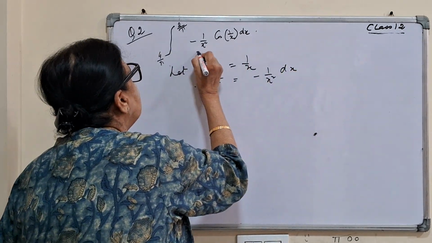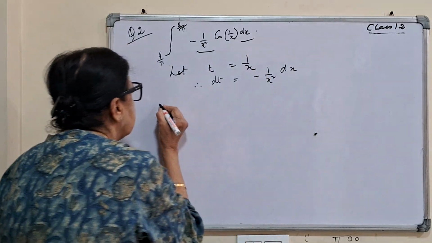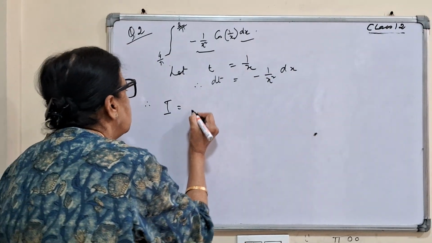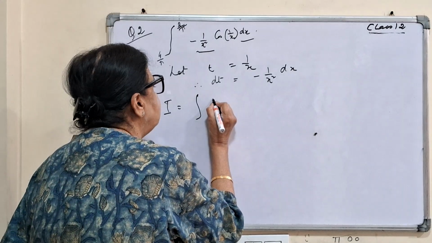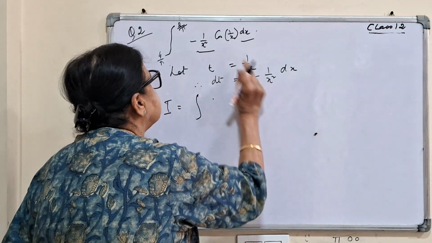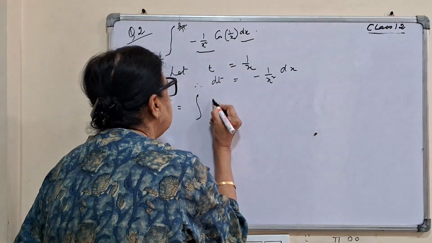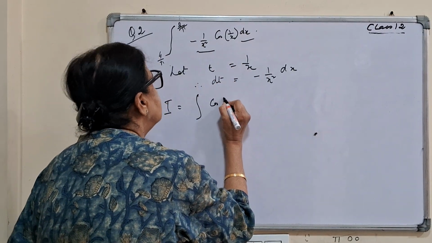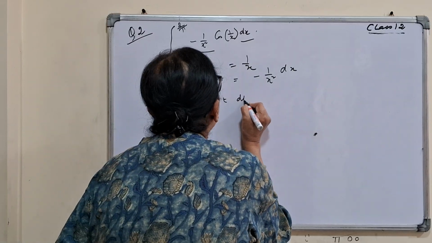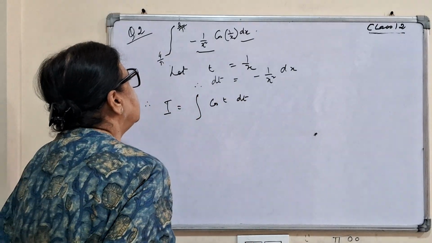So I have got 1 by x square dx. Therefore, I is equal to 1 by 4, this is dx, and then we will write cos of t dt.